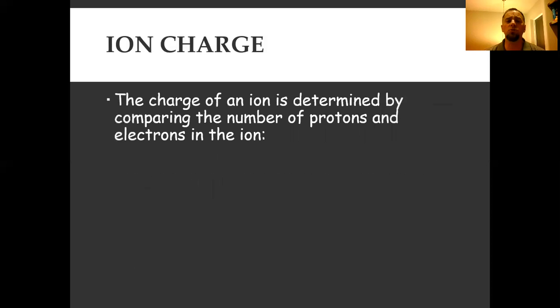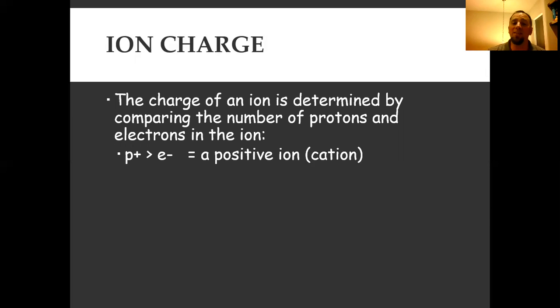So once it gains or loses those electrons, that atom becomes an ion. It has a charge, and the charge is determined by the number of protons compared to the number of electrons in that ion. So if the protons are greater in number than the electrons, you have a positive ion, or a cation.